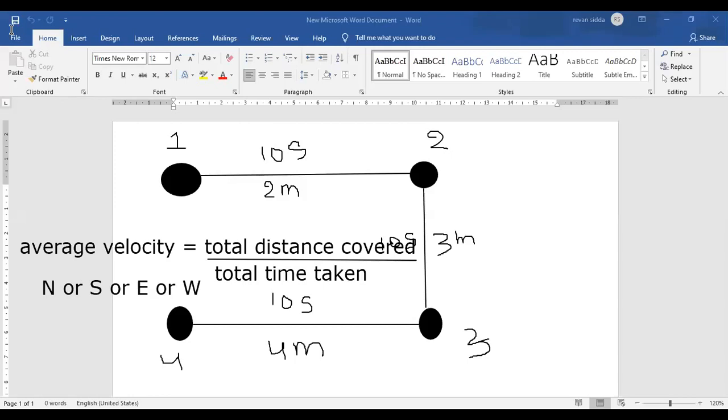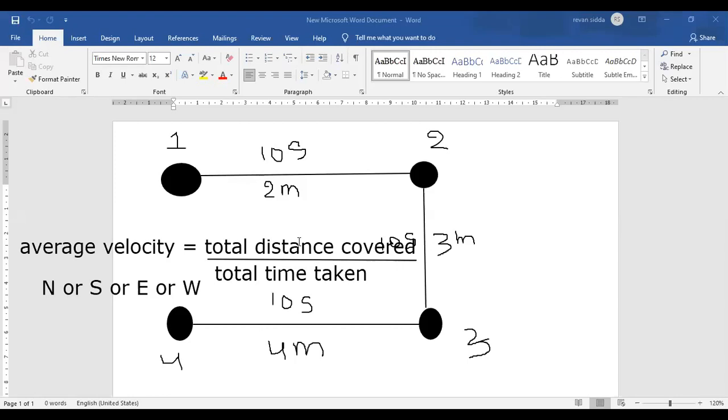You can ask a question like, sir, velocity is displacement, right, sir? Then why can't we use displacement here, like total displacement covered by total time taken? Total displacement will not be coming there, only displacement will come.